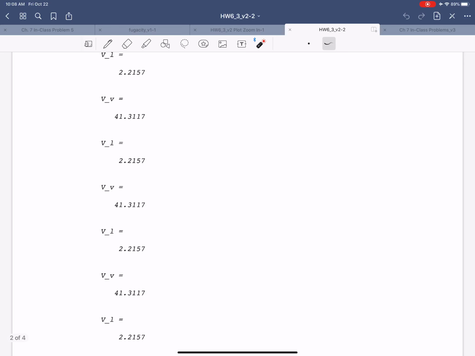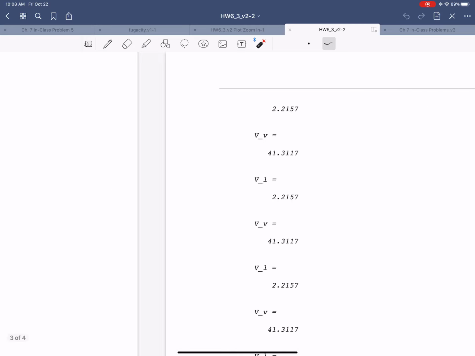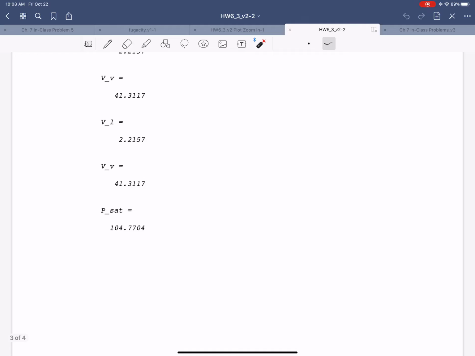And so you can see that the molar volume of the liquid and the molar volume of the vapor are not changing too much as it goes through these different iterations. But eventually, when it gets to these values and it gets to a pressure of 104.8, that's when the objective function 2 value, the difference between the two fugacities, is minimized.